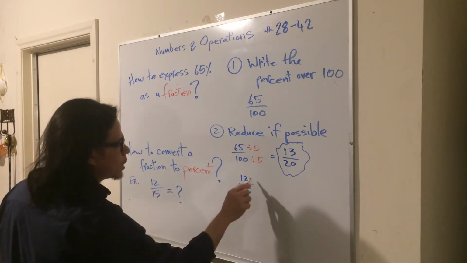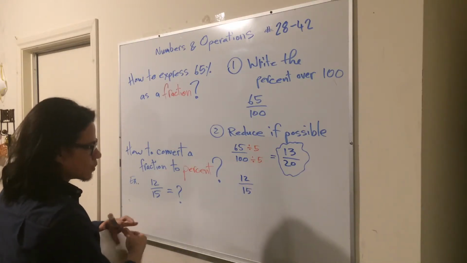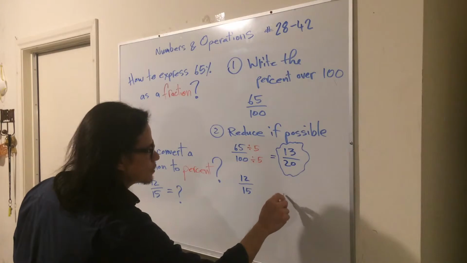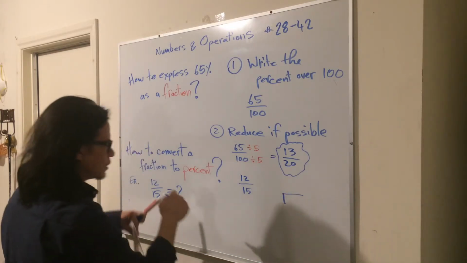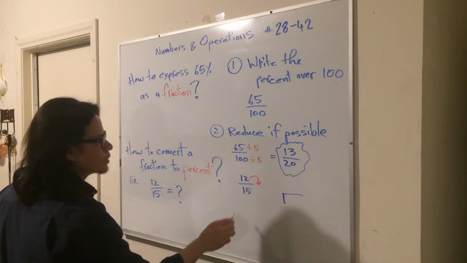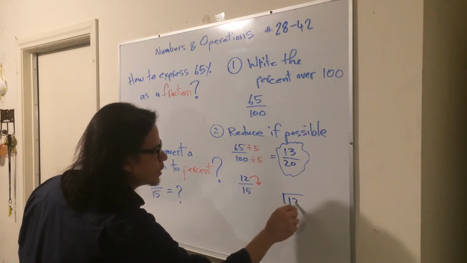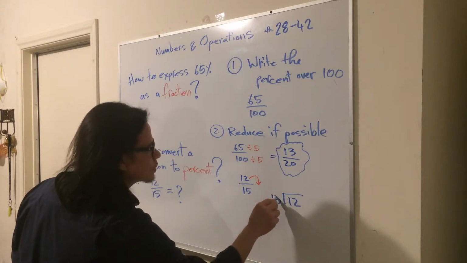Okay? Remember when we have a fraction, we need to determine what number goes into the division box. And the top number will fall down to the right and go into the division box. So 12 goes inside, 15 on the outside.